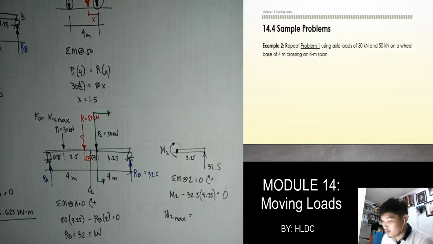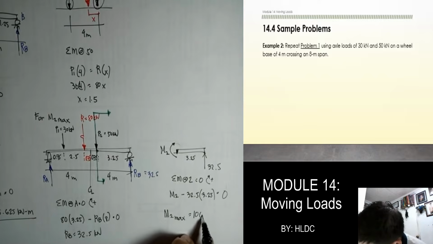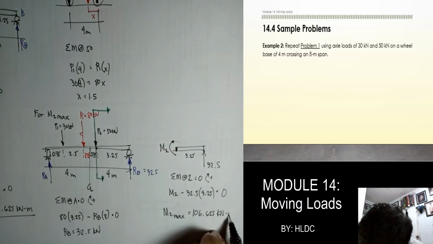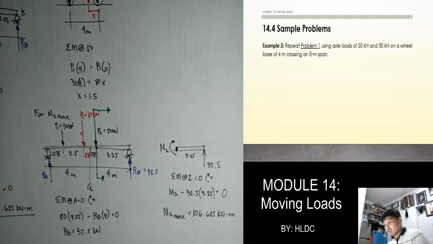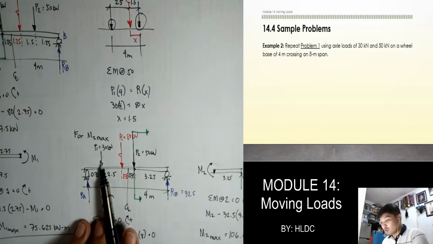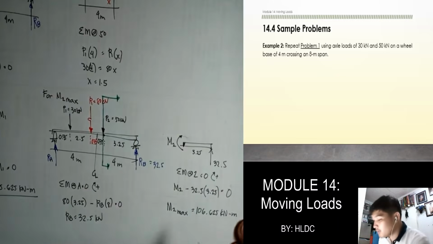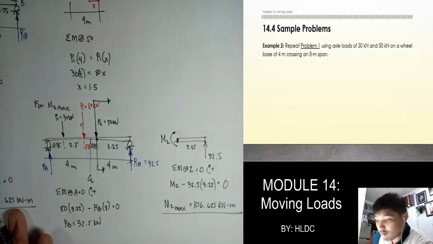So, sagot is 106.625 kilonewton meters. Okay, ito na yung pinakamalaking possible value ng M2 doon sa ating beam. Okay, na kapag ang gulong natin is nandito siya naka-orient. So, dyan siya nakapatong. So, anyways, mayroon tayong nakuhang dalawang moments.